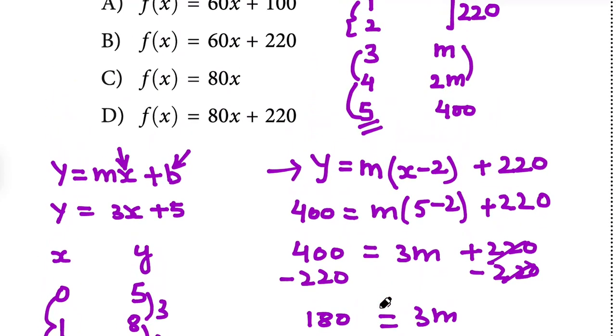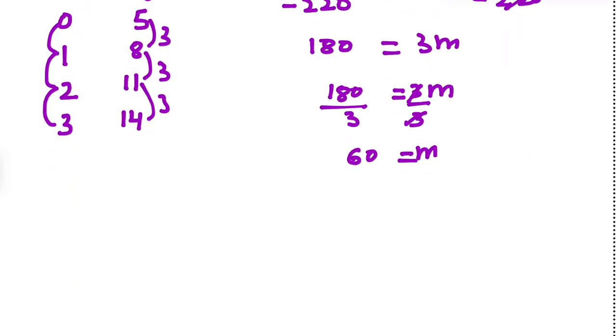Now this is our initial equation. Y is equal to m times x minus 2 plus 220. Let's write this. Y is equal to m(x minus 2) plus 220. Because basically x is the variable, right? We used one of the x values to calculate the m, but that is the basic equation where we have to put the value of m.